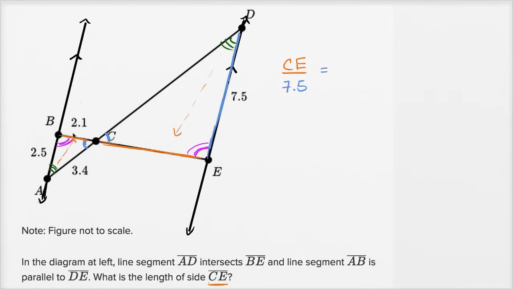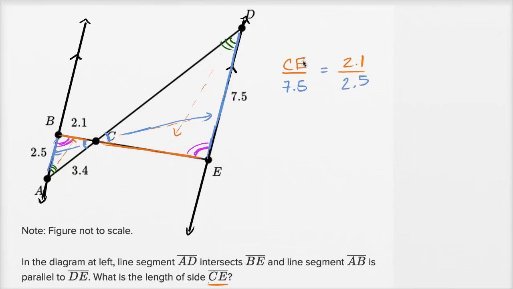So it's going to be equal to the ratio of the corresponding side, so 2.1, in the other triangle, to the corresponding side of DE in the other triangle. And this side is opposite this blue angle, this one of the vertical angles right over here. So the corresponding side over here is going to be side BA. So this is going to be over 2.5.